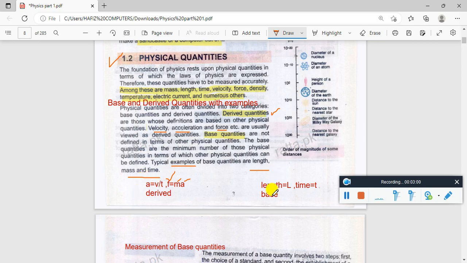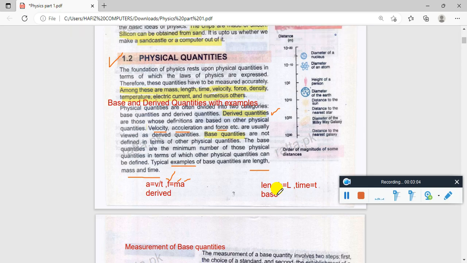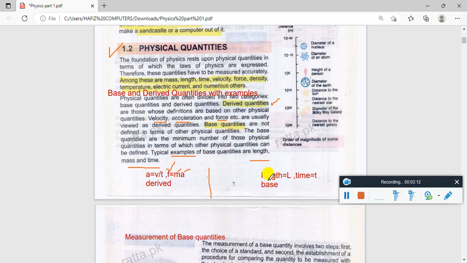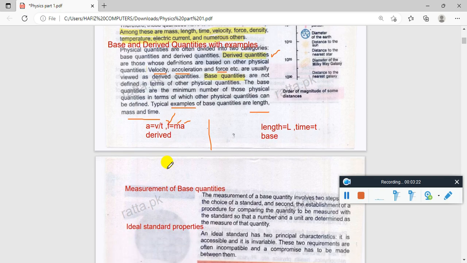Here it is written that length is L, time is T. These are the base quantities, being used to form the derived quantity. So this is the difference between a derived quantity and a base quantity: base quantities are independent, they cannot be formed from other quantities, but derived quantities can be defined in terms of base quantities.